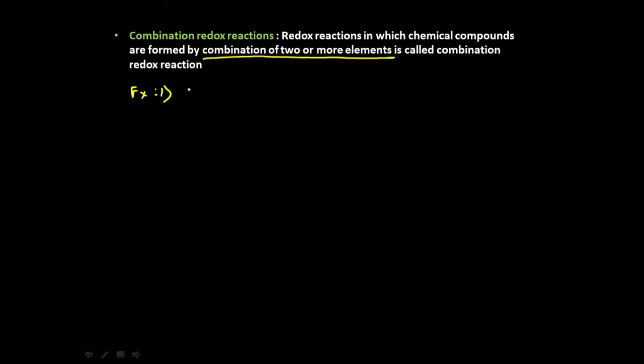Example 1, I can take combustion of carbon. How can we write the reaction? Carbon undergoes combustion in the presence of oxygen. For carbon to undergo combustion we have to supply oxygen, so this will give carbon dioxide.